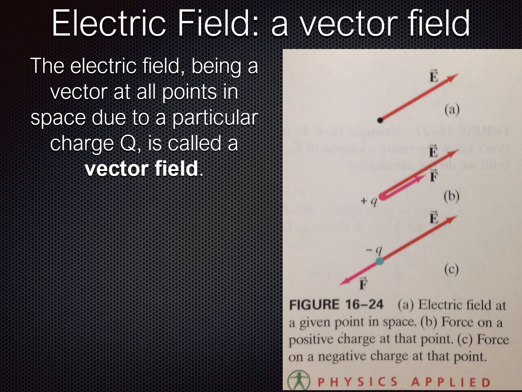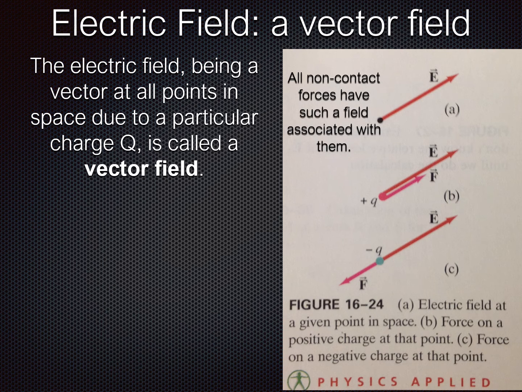So it's called a vector field because it's a field of vectors. If you remember the picture from earlier, it's kind of like looking around and seeing a bunch of vectors everywhere that are pointing in the direction that you need. It's not that bad. Try not to be too worried. I know that you guys freaked out a little bit before with vectors, so try not to worry too much.